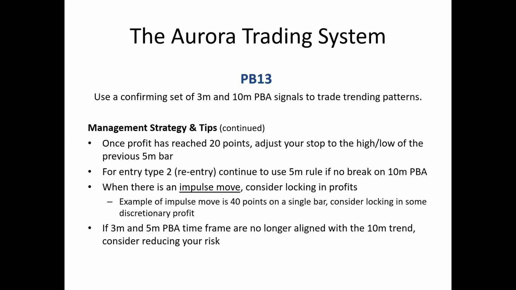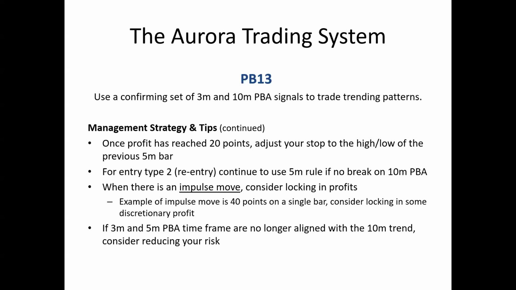So we're going to use that knowledge about higher highs and higher lows and lower highs, and we're going to set our new stop at the high or low of the prior 5-minute bar, which ultimately reduces our risk on the trade as the trend progresses. And it then eventually ends up locking in a portion of the profit that's already been achieved. And it allows us to stay with the trend until hopefully it hits our 50-point profit target.